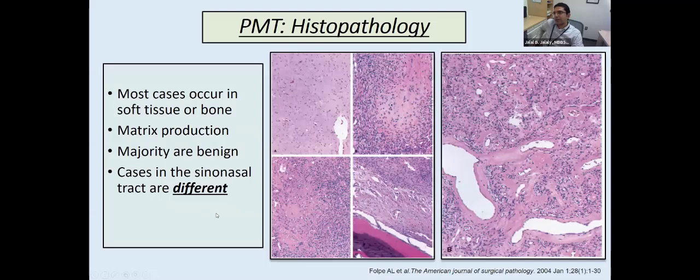So here are pictures of the typical morphology of a phosphaturic mesenchymal tumor, which we don't see in the head and neck, with extracellular matrix-like deposits and spindle cells. And as I mentioned, the majority are benign, but the morphology is different in the sinonasal tract.